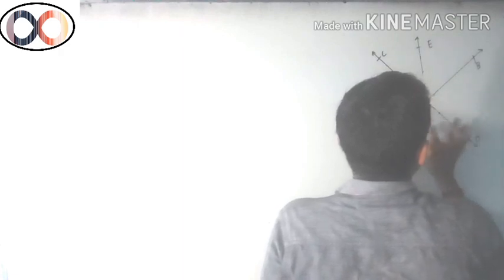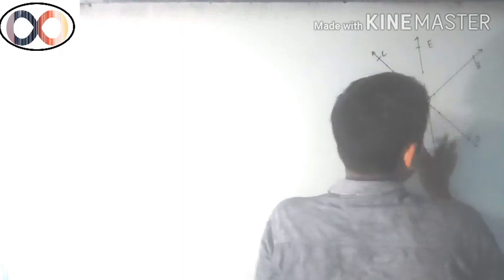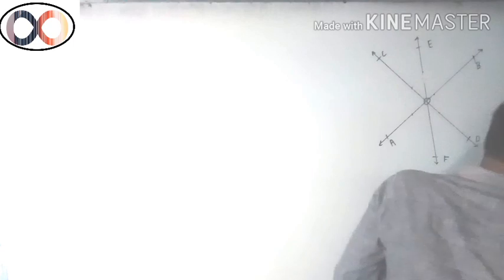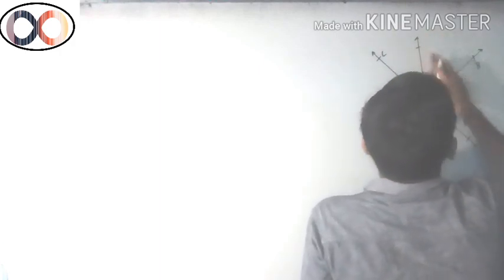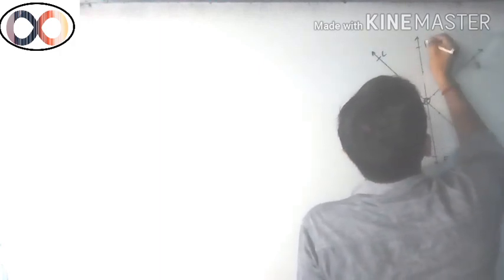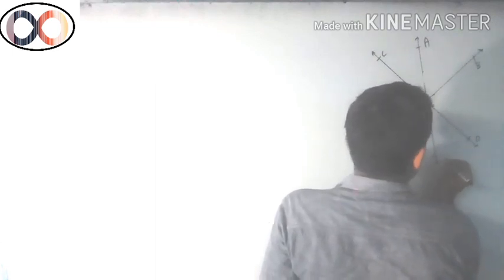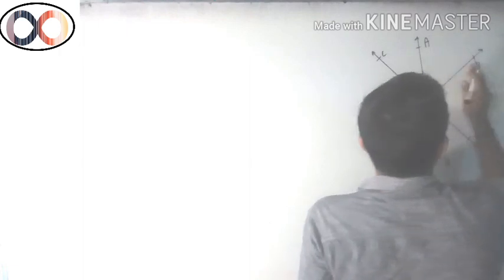There are three coplanar lines. Suppose here is AB, this is EF, and this is CD.